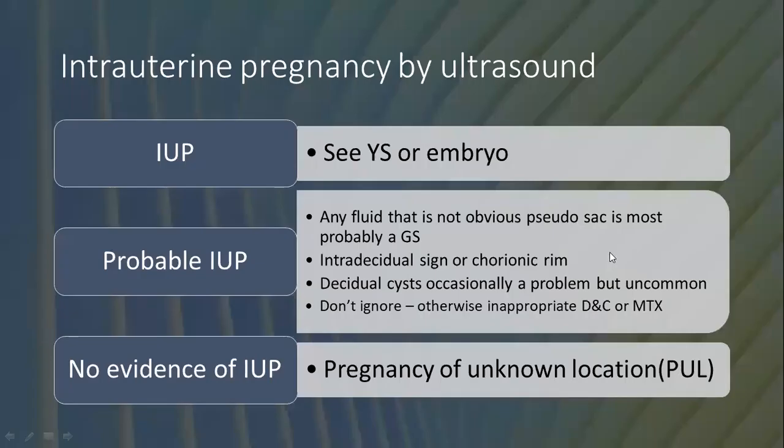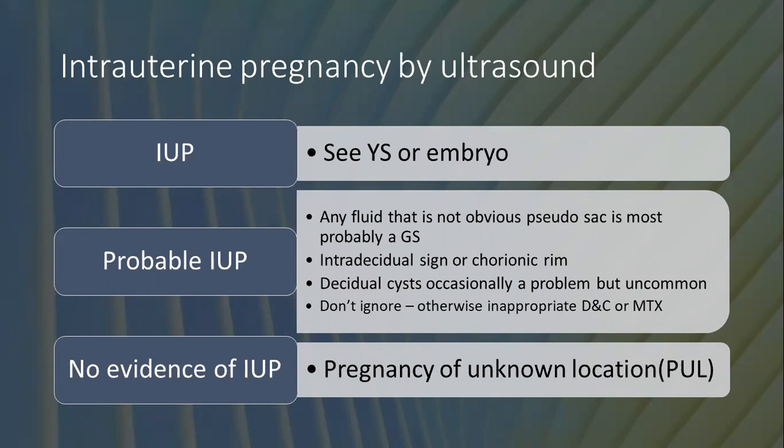Then getting on to our main business of the day, that is ultrasound diagnosis of intrauterine pregnancy, and eventually getting into pregnancy failure. So how we definitely diagnose an intrauterine pregnancy is when we see a yolk sac, as I mentioned earlier, or when we see an embryo.